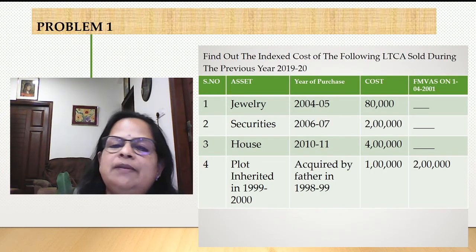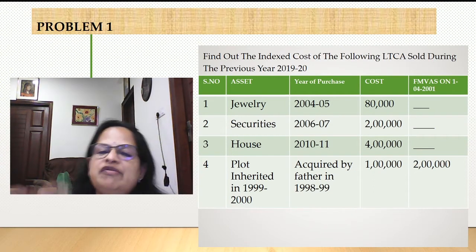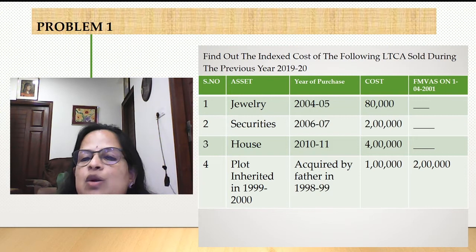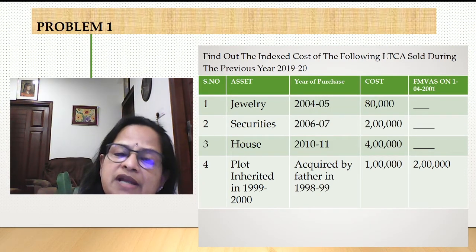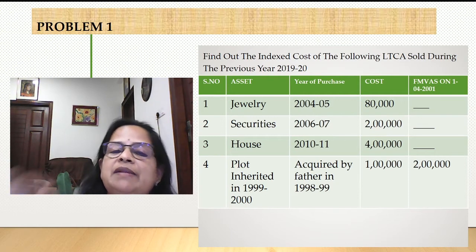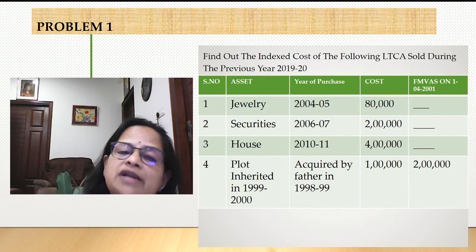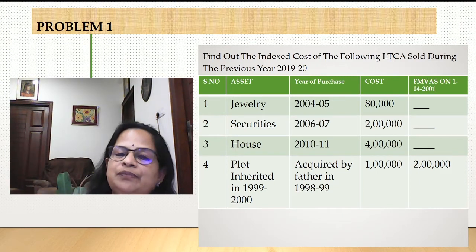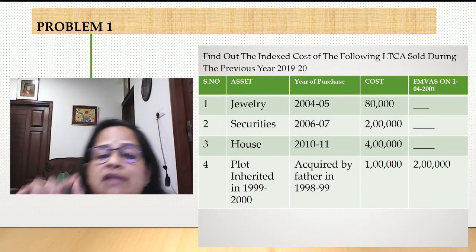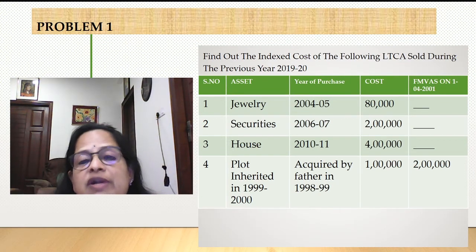Cost price is there. And plot inherited in 99-2000, acquired by father in 98-99, 1 lakh. Because this plot is inherited by the assessee, the cost to the owner is nil, because he got it as a gift from his father. So then we have to take the cost to the previous owner. In this case, the previous owner is the father.